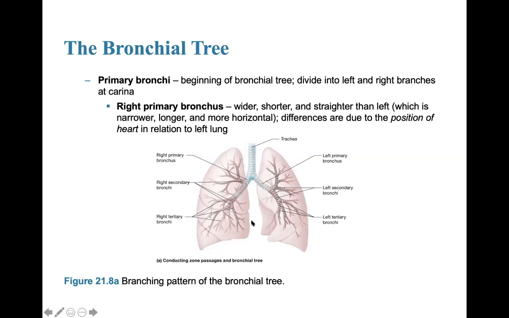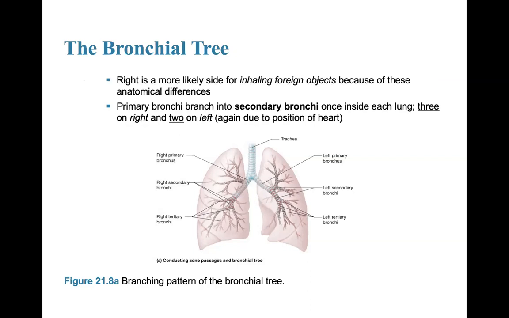You can see right here, the left lung is going to have a little bit of an indentation, and it's going to be a bit smaller. It's only going to have 2 lobes versus 3, first of all. But this is to accommodate this indentation for the heart laying towards the left side of the body. So the right is the more likely side for inhaling foreign objects because of these anatomical differences.